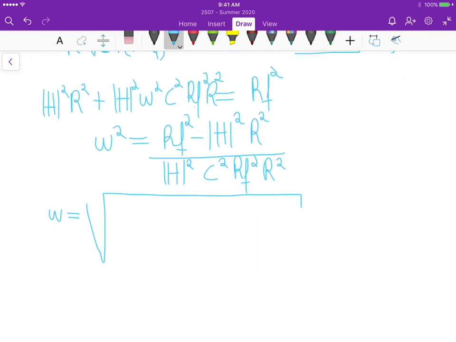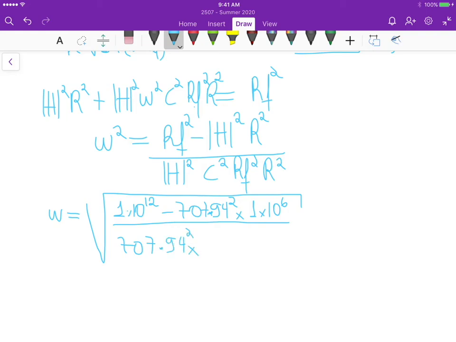For RF, we have 1 mega ohm, so 1 times 10 to the 6 squared is 10 to the 12, minus 707.94 squared times 1k squared, which is 1 times 10 to the 6, divided by 707.94 squared times the capacitance squared.